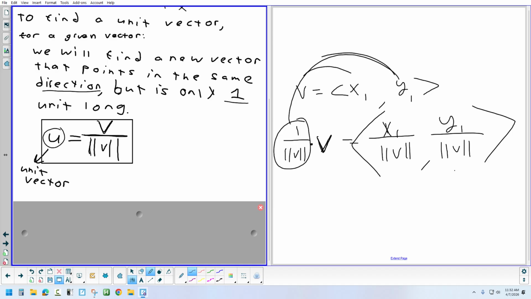Okay, so the first step to finding a unit vector is figure out the length of the vector that you have. If you already have a vector that's 1 unit long, you're done. It's already a unit vector. If it's not, then follow this formula to divide each component by the magnitude, and that'll turn it into a unit vector.